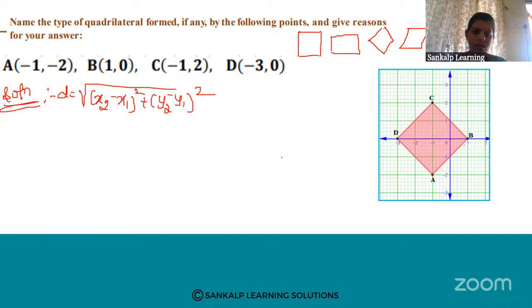Next, first we'll consider AB. For AB, this is x1, y1 and this is x2, y2. Yes or no?